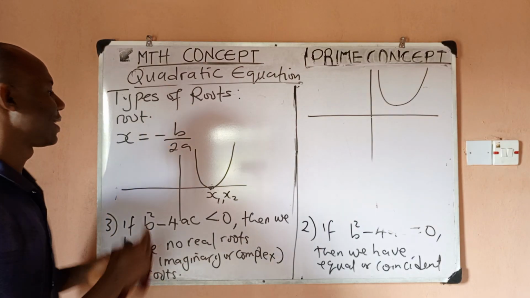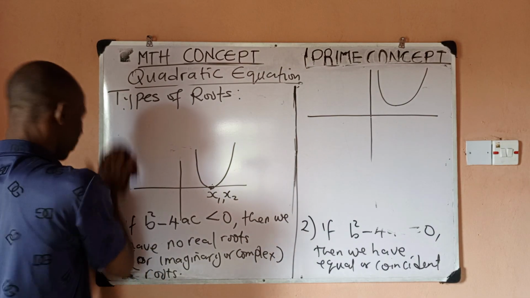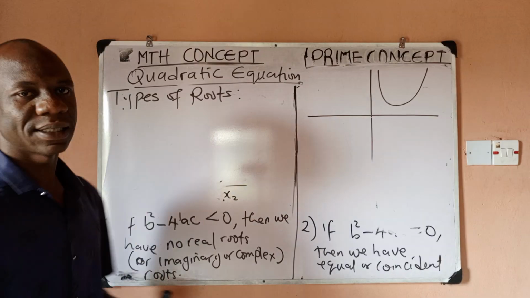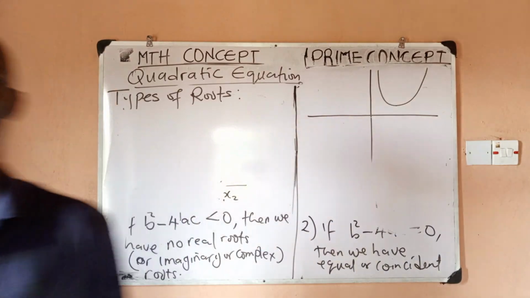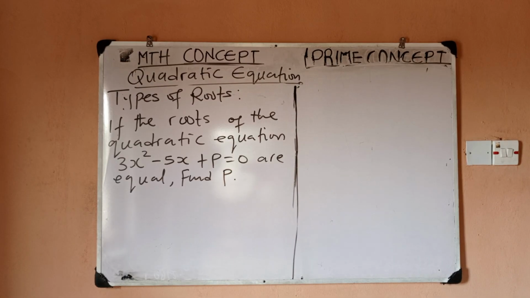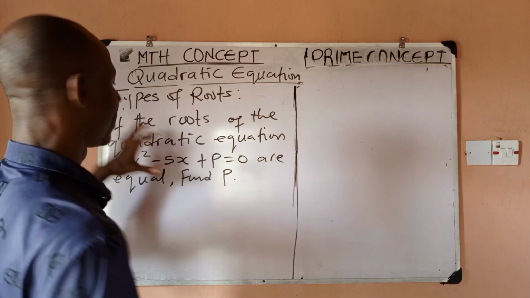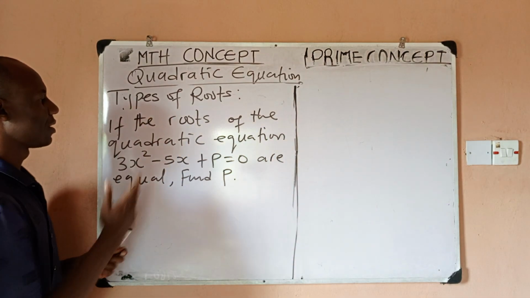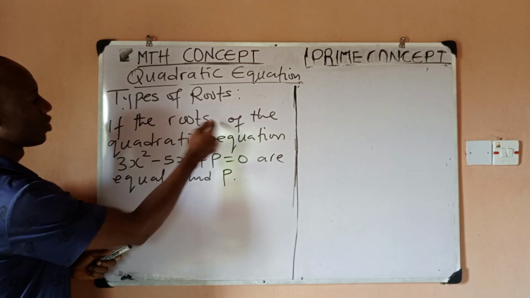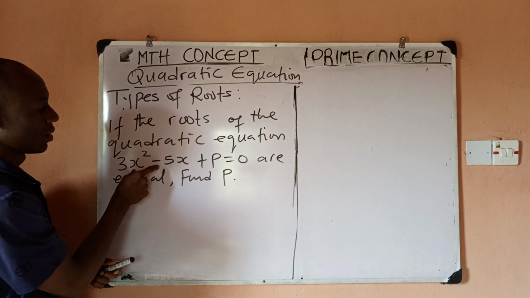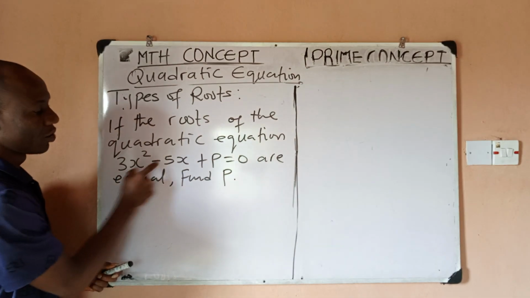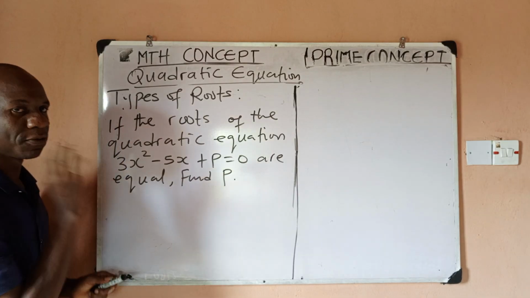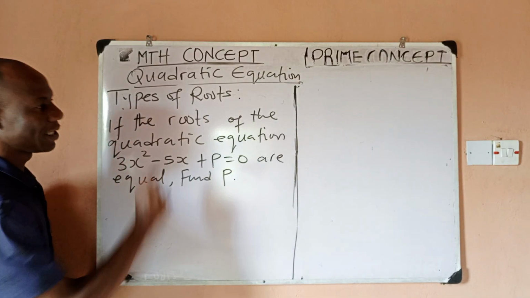So let's see an example that can help us understand what we have explained. So let me drop a problem. All right, now we have this very simple starting example to help us understand. The question says, if the roots of the quadratic equation, this is the quadratic equation, if the roots are equal, very important, find p.